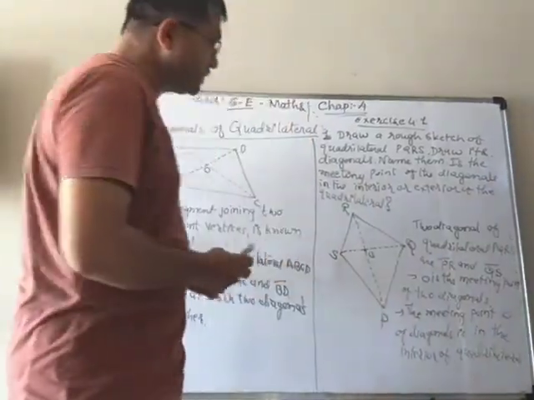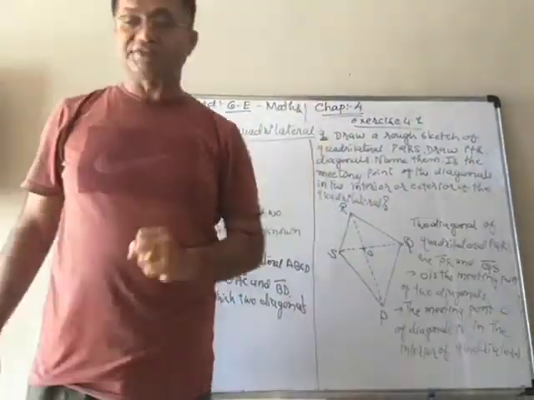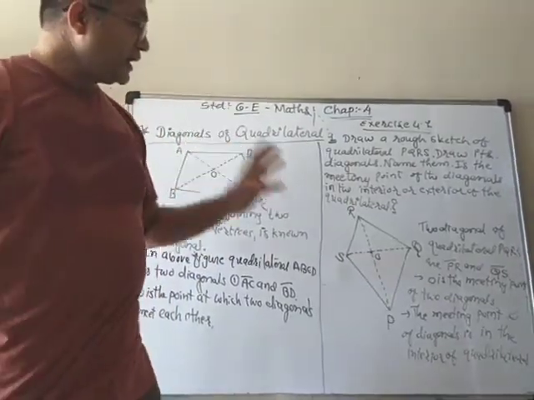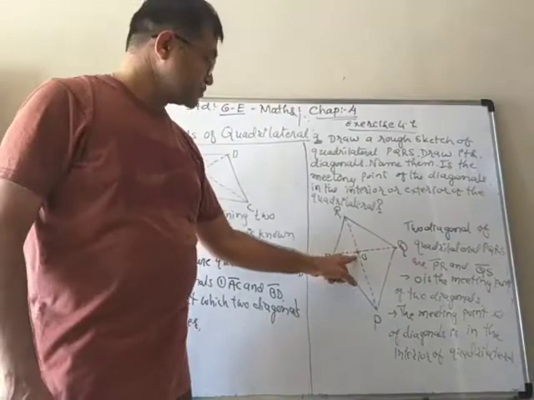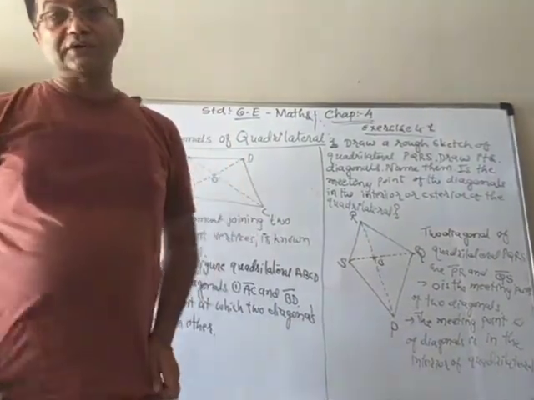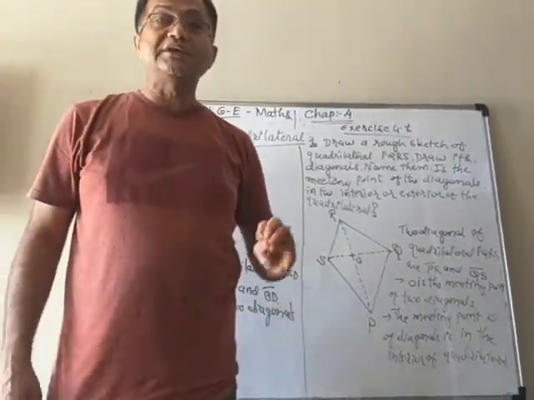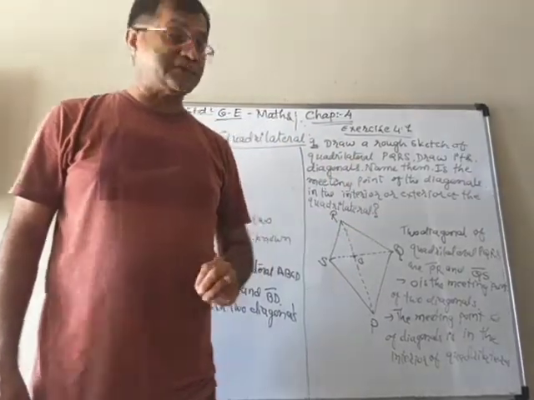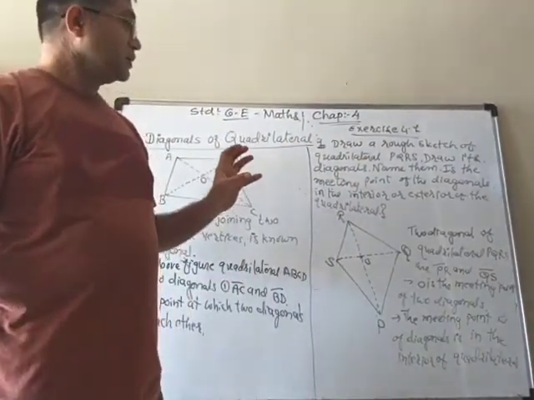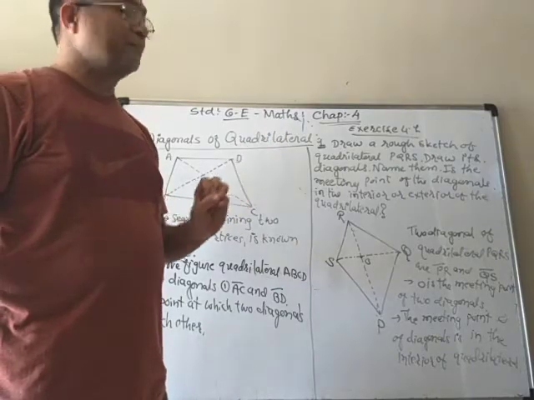You can draw any type of quadrilateral that you wish, and then draw the two diagonals and check where the meeting point is. You can see here, the meeting point is in the interior of the quadrilateral. So it is very simple.